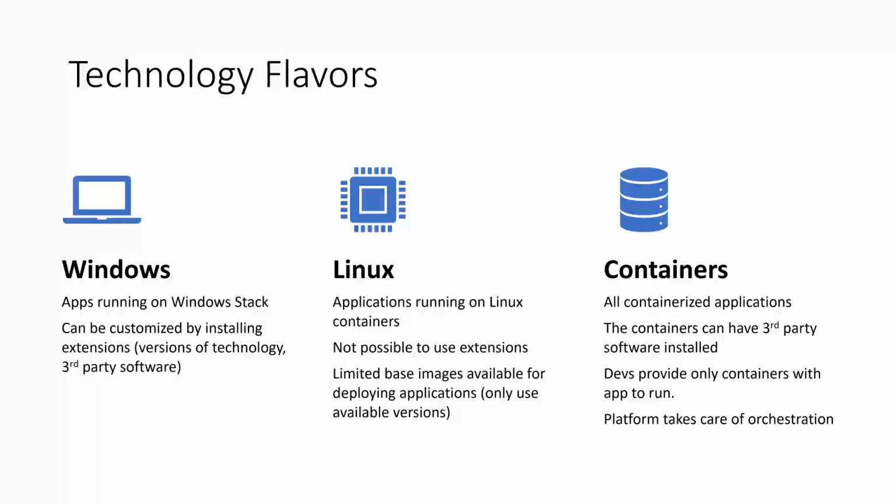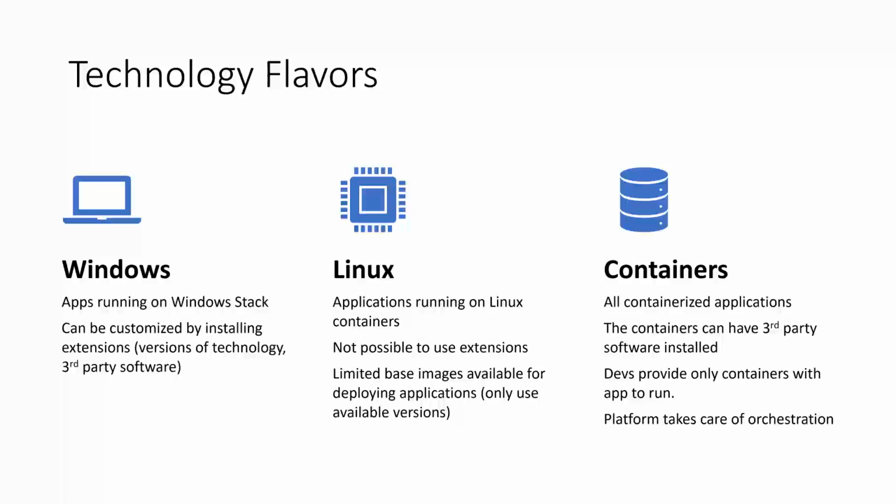So if you're deploying an application in Node.js, you have a predefined set of Linux container images available to you that you need to select in order to run your Node application. So you can only use the versions that are available or predefined in the Microsoft Azure console.